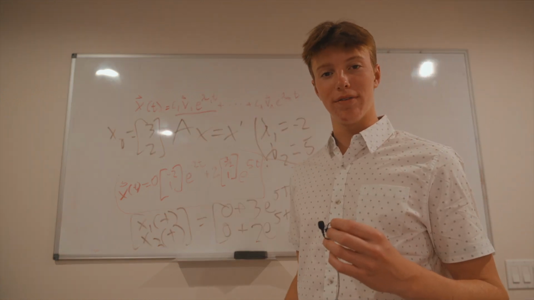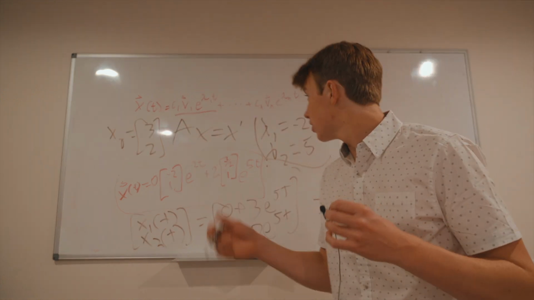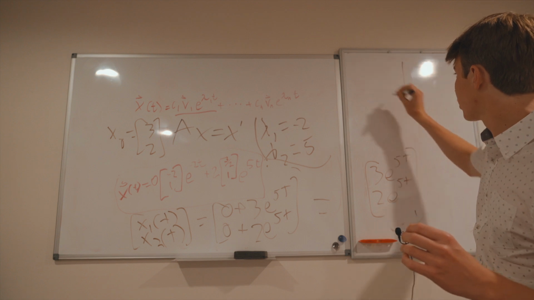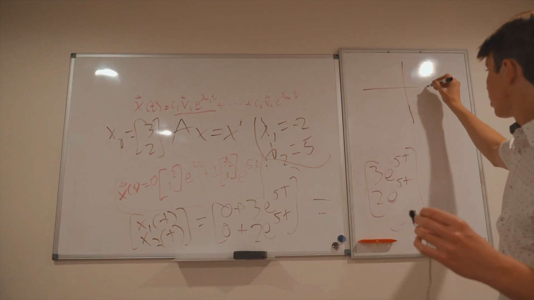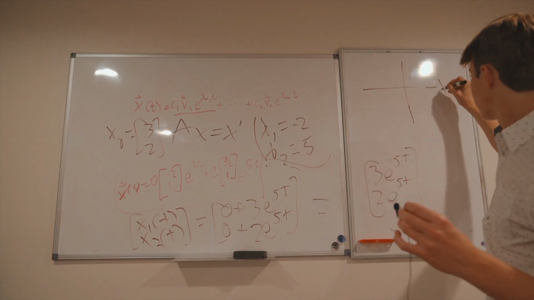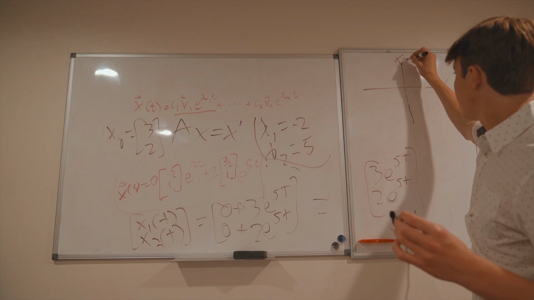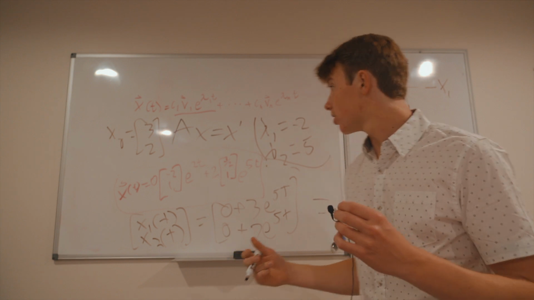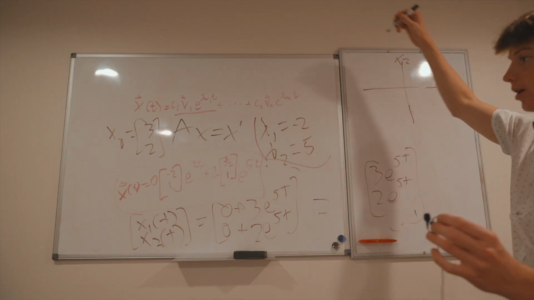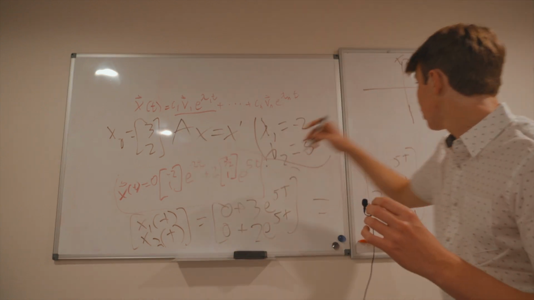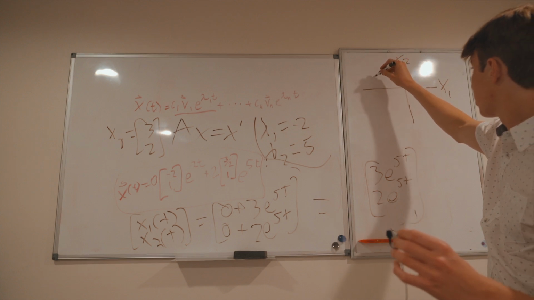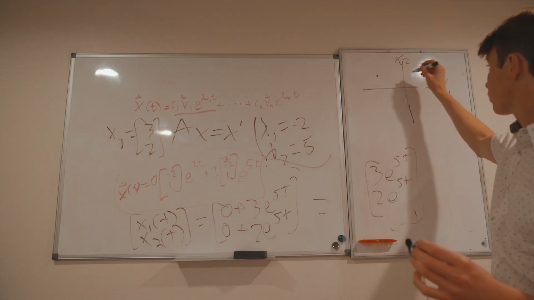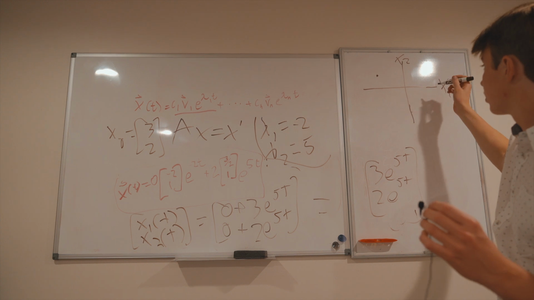Okay, now we have to discuss graphing. So, if I draw my graph here, this over here being x1, and this is x2. What we're going to do is graph our eigenvectors. So, we have our first one as negative 2, 1, and our second one as 3 over 2 and 1.